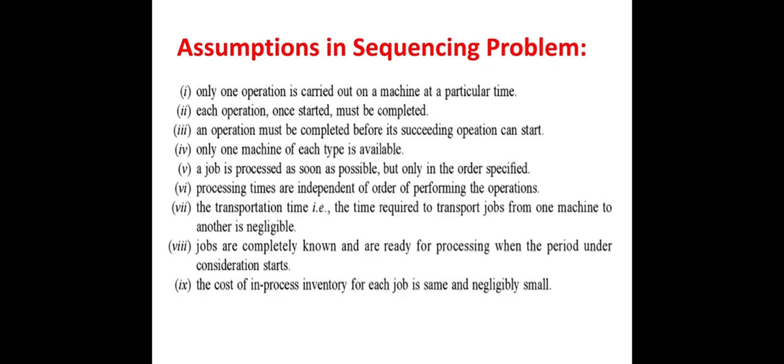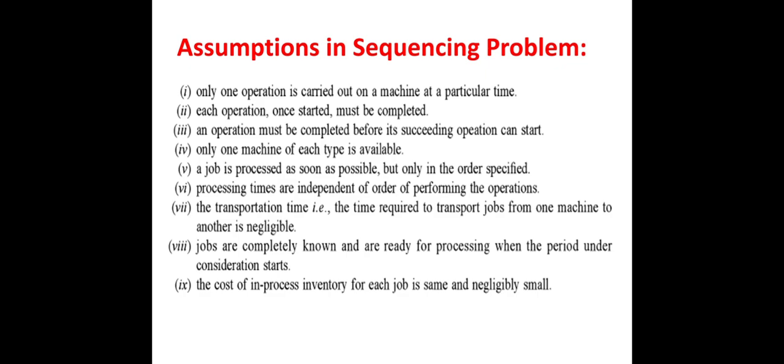Each operation once started must be completed. That is, until the operation is completed, the machine has to operate. An operation must be completed before its succeeding operation can start. So, before completing the operation, the machine can't accept the next operation to be performed.